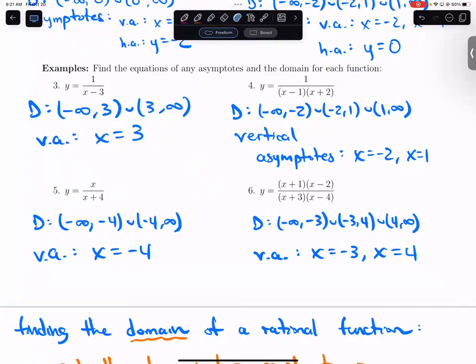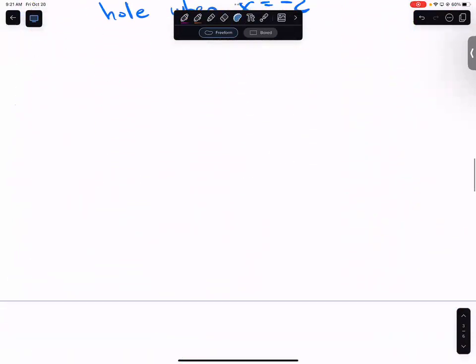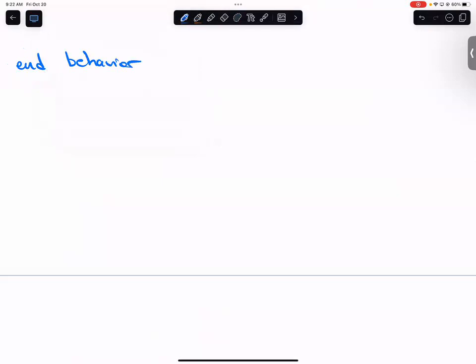The other thing that we need to look at and spend some time talking about is how to deal with end behavior. End behavior, meaning not the middle of the graph, but what happens eventually once it settles down and settles in for what it's going to do for the rest of forever. So this is what happens for very large, either positive or negative x values.